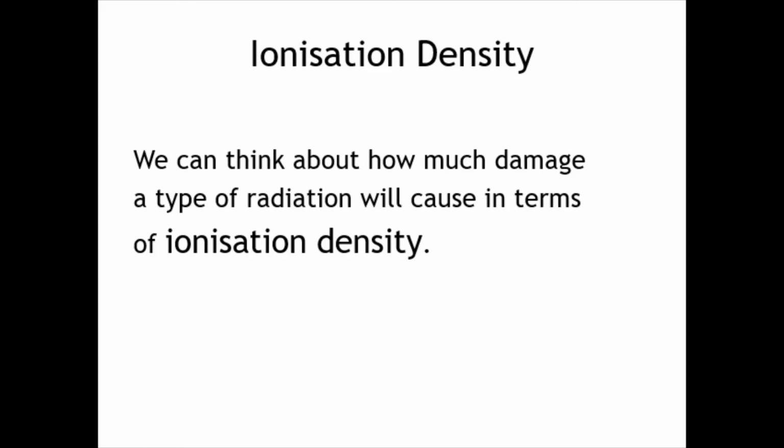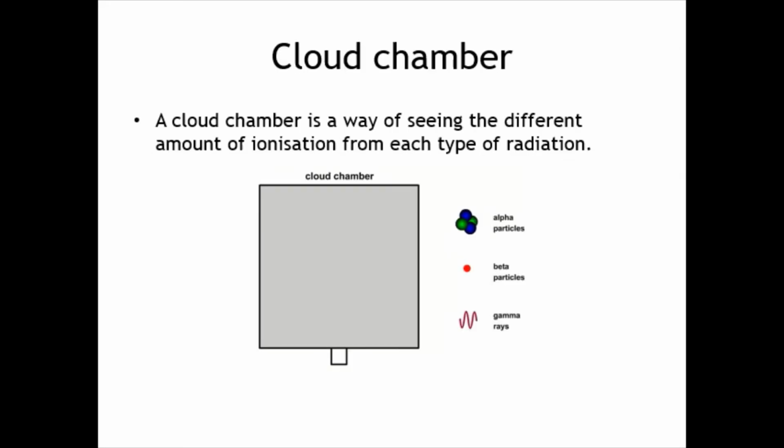We can think about them in terms of ionizing density. You really just need to know which one's the most and which one's the least. You can see them in an ionization chamber. So here's an alpha source in that. You can see these trails that come because there's lots of ionization occurring in the cloud chamber.